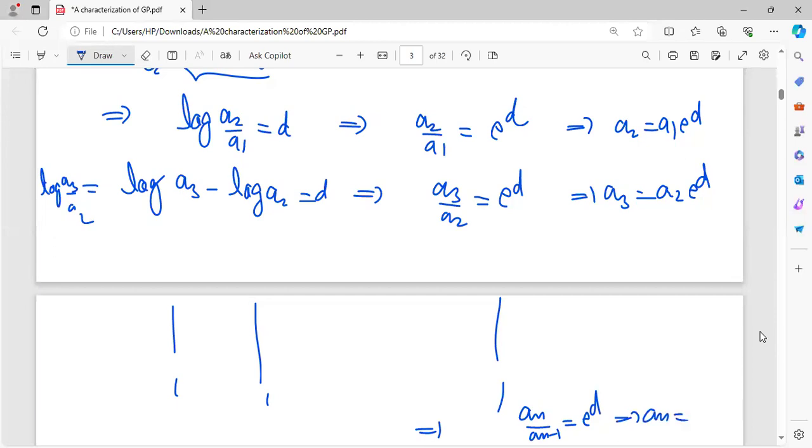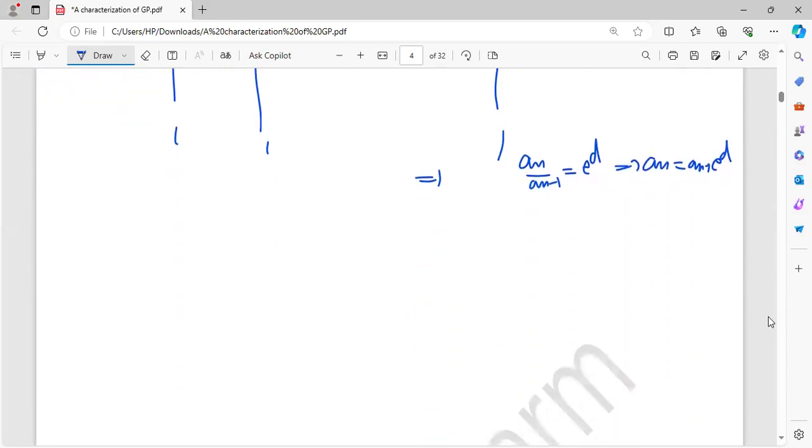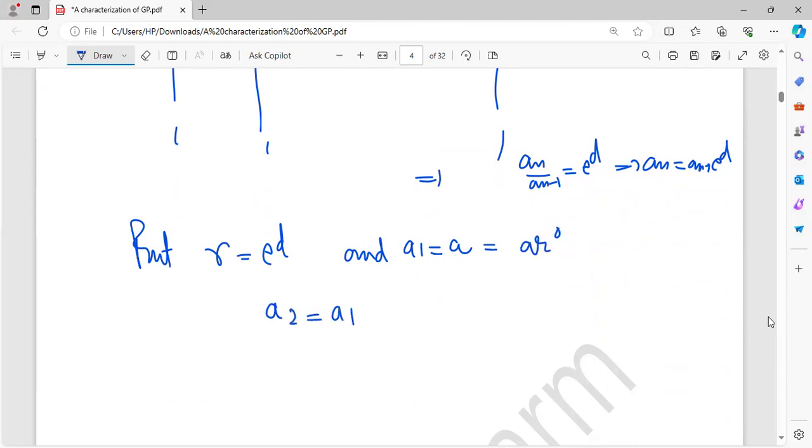This implies an is equal to an minus 1 e to the power d. So put r is equal to e to the power d, and a1 is equal to a. So I can write it a r to the power 0. What is a2? a2 is a1 e to the power d. I can write it ar.